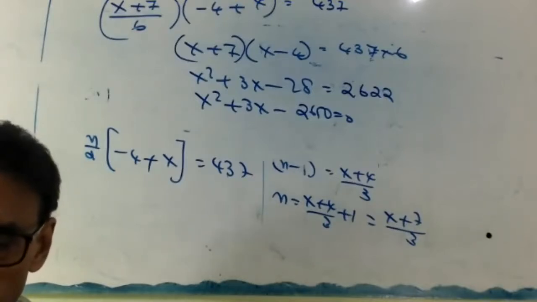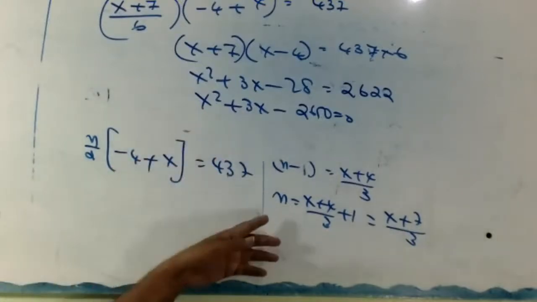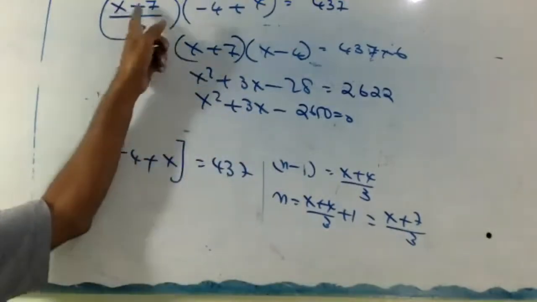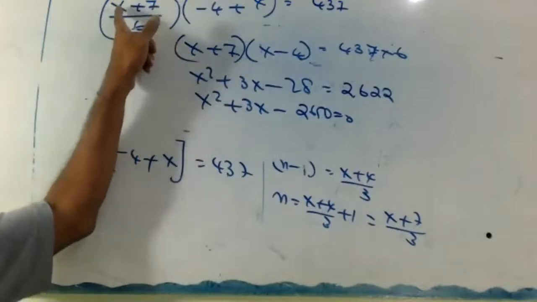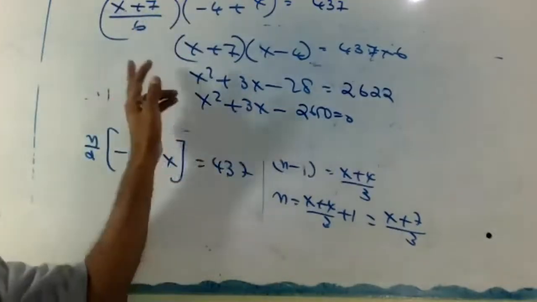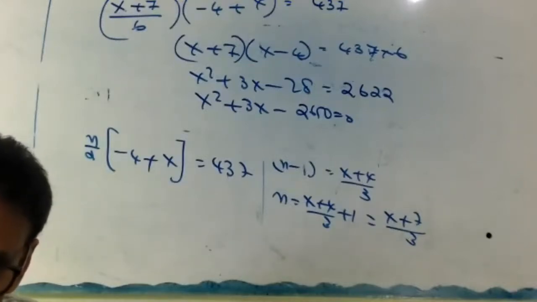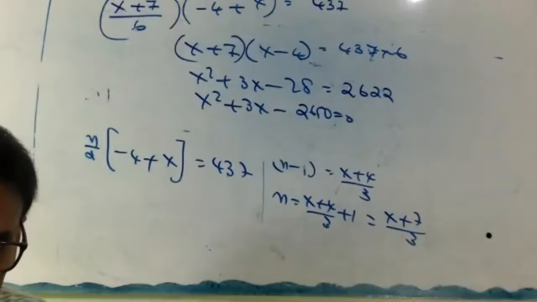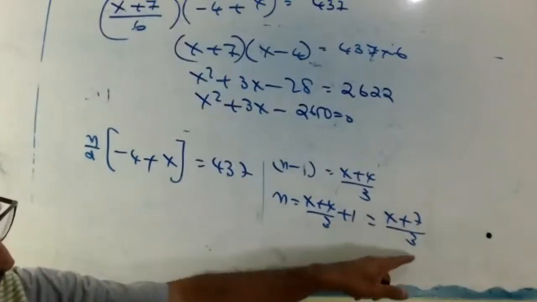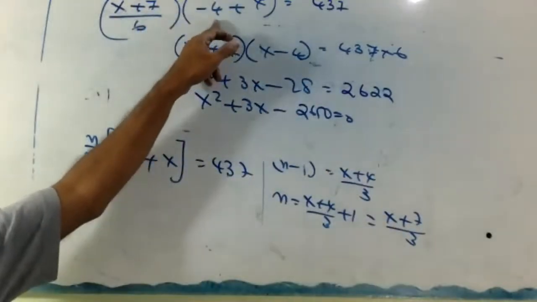Here n is (x plus 7) by 3, divided by 2 means n by 6. Agree or no? The formula is n by 2, but n is (x plus 7) by 3, so (x plus 7) by 6. A is minus 4.